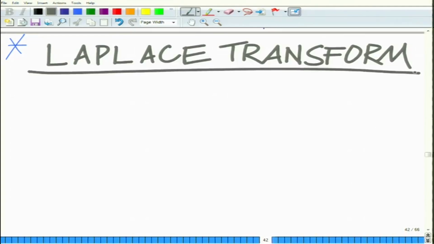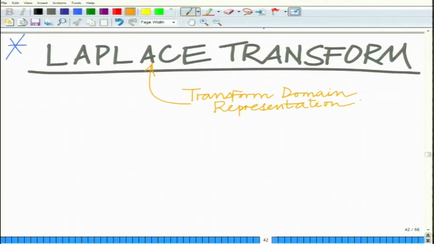This is going to be one of the first transforms amongst the many transforms that we are going to be looking at, and basically this gives us what is known as a transform domain representation of the system, and this is a convenient representation for signals as well as LTI systems.